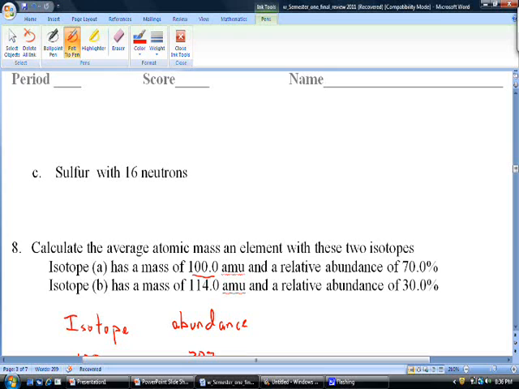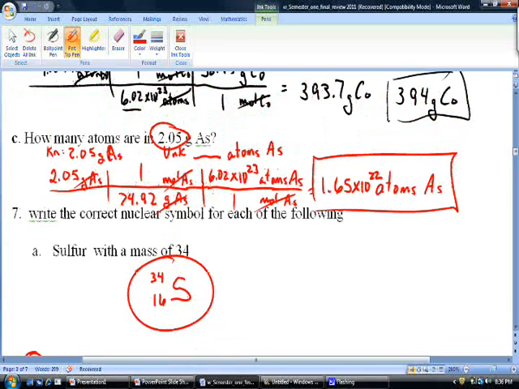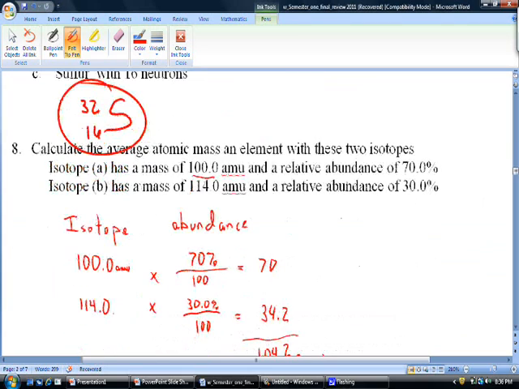What will the mass of this sulfur be? Well, let's see, sulfur was 16 protons, so the mass is going to be 32. So indeed, it is a different isotope of sulfur here in C than we had up here in A. Different mass, so it's a different isotope.